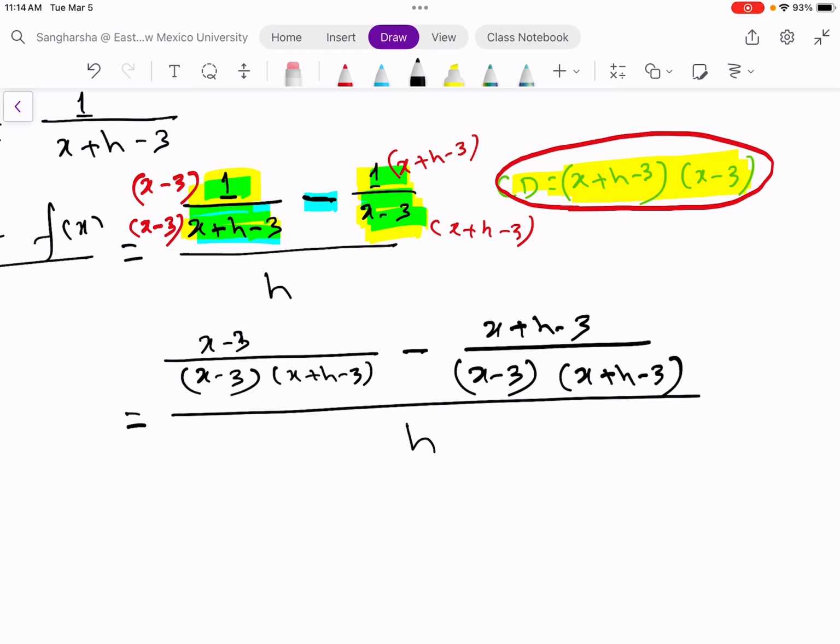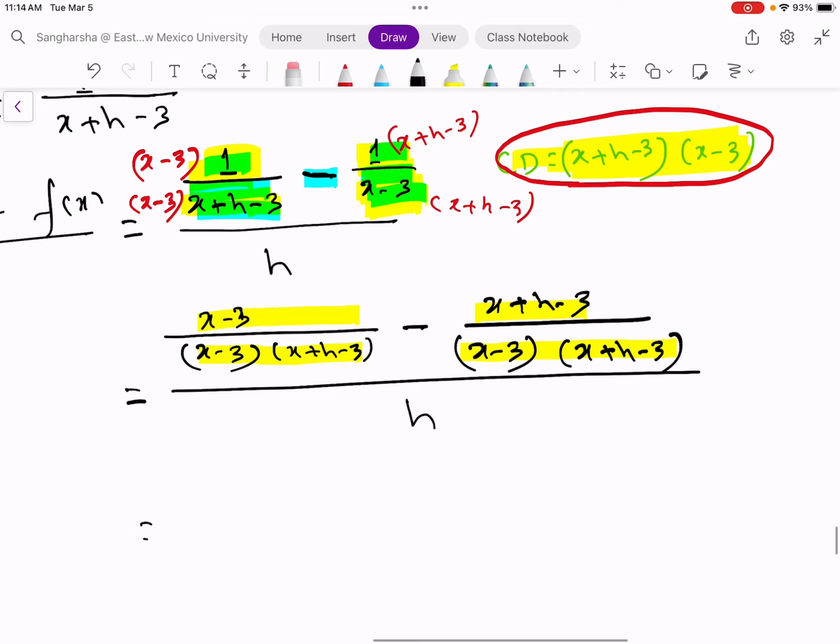So what we did, we found the common denominator and we made the denominator of each expression the same as the common denominator. So this is our common denominator and that's what we have for each of these expressions. And if we have the common denominator, now we can simplify our numerator. Let's write our numerator together. We have x minus 3.